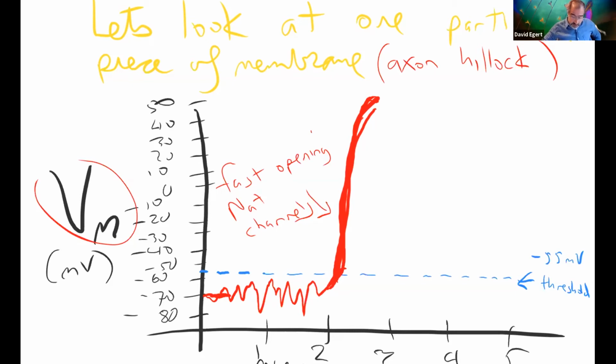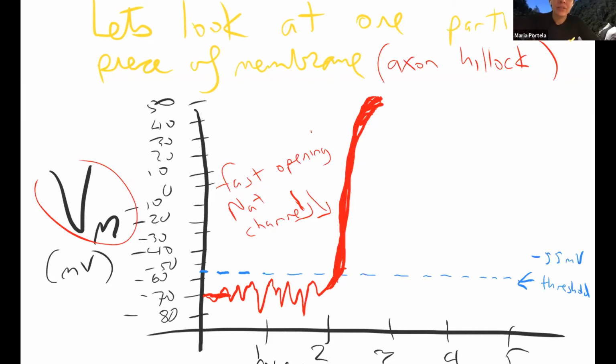Right, the sodium channels are open, and as the sodium rushes in, the voltage is going to rush up towards like plus 40, 50, something like that. But then, about a millisecond later, what's going to happen?